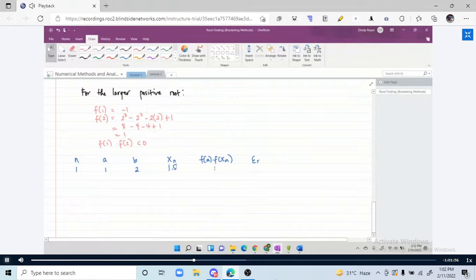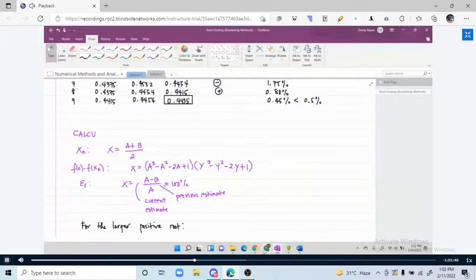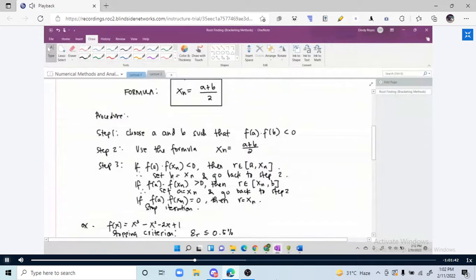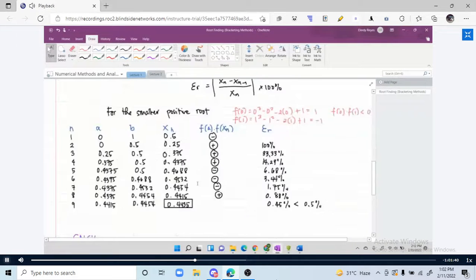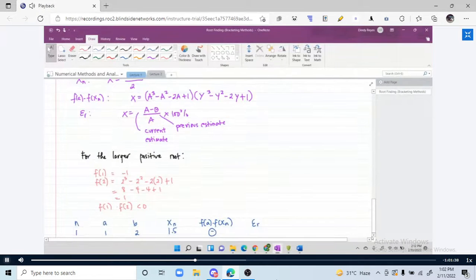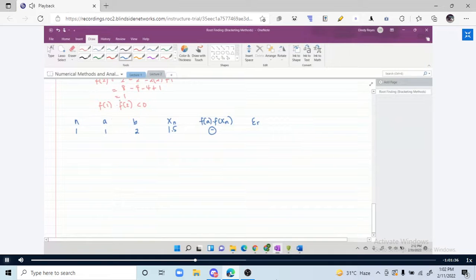Pag negative ito, ano papalitan natin? Papalitan natin pag negative, A or B? We change B, di ba? Pag negative, we change B. The second iteration, this will be 1 and this will be 1.5.